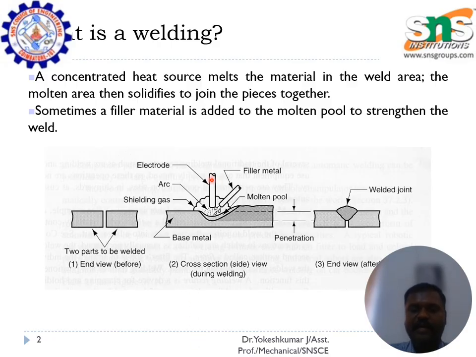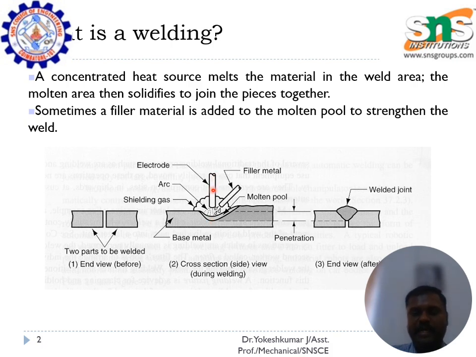Here we have an electrode that is connected with the power source, normally a DC or AC power source. This power source is used to strike the molten metal. The electrode may be positive or negative.